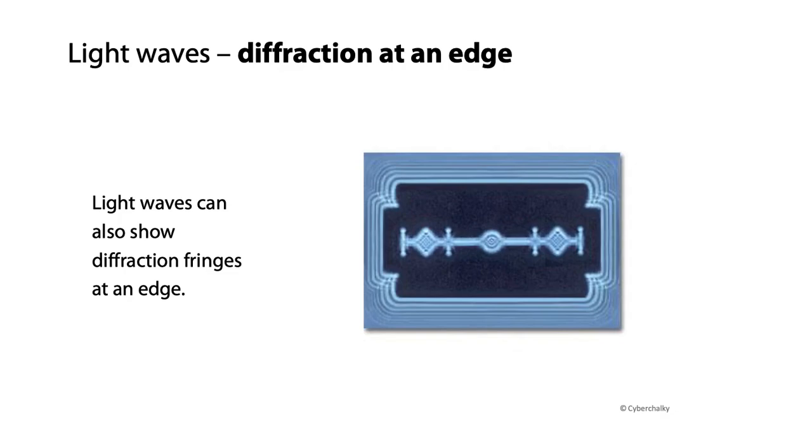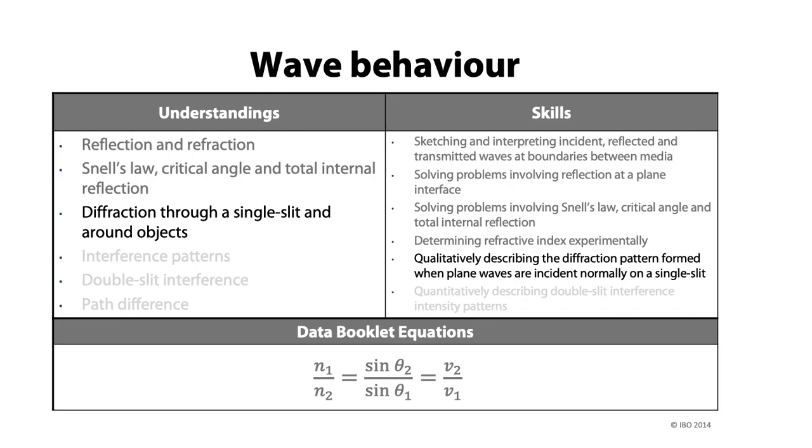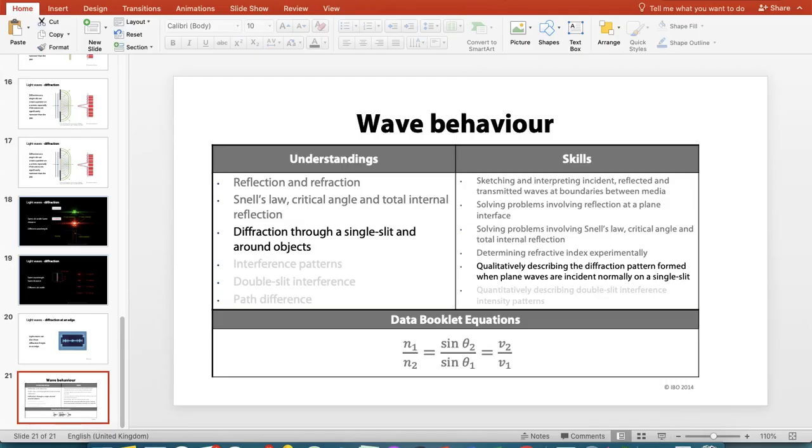But under the right conditions, a sharp edge, such as is provided by a razor blade here, can produce some very nice looking diffraction patterns as the light waves diffract at the edge of the object. So we have demonstrated diffraction through a single slit and around objects for both water and for light, and we have qualitatively described the pattern that is formed. Thank you very much.